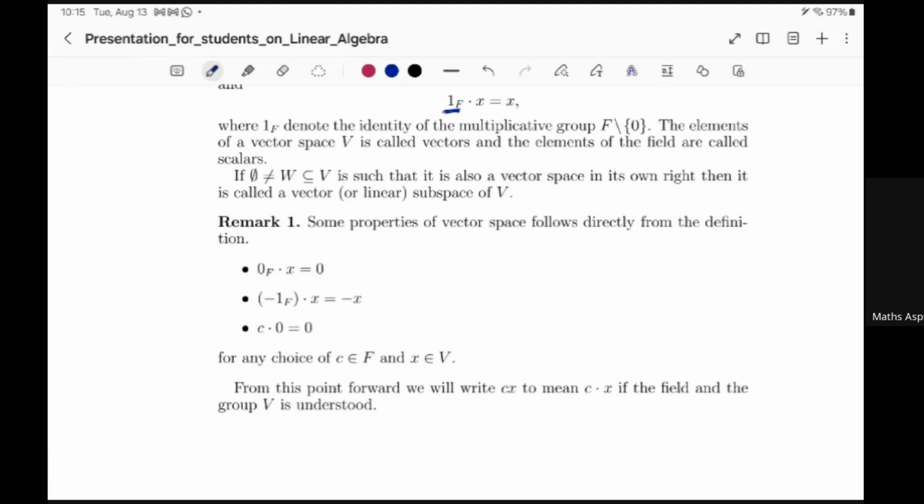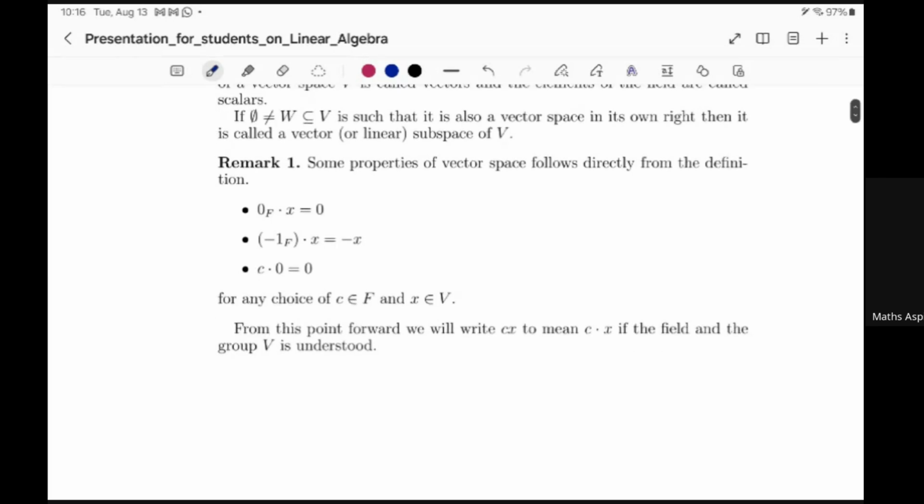Now, there are some properties which are a consequence of the definition. It's easy to derive them, but it's not trivial. You have to work a little bit in order to derive it, but it's not hard. Okay. So what I mean to say here is just these three things, which will be used throughout the session.